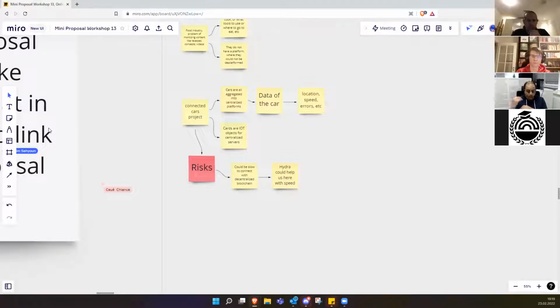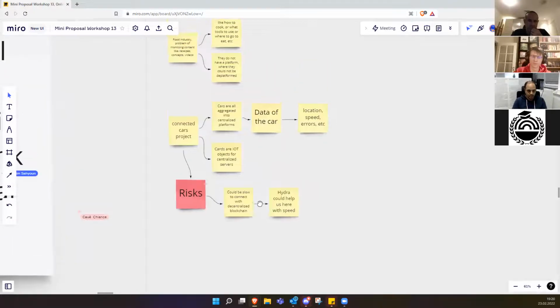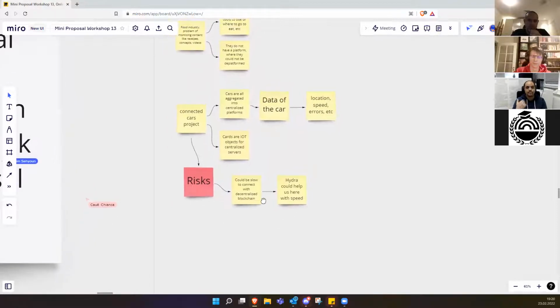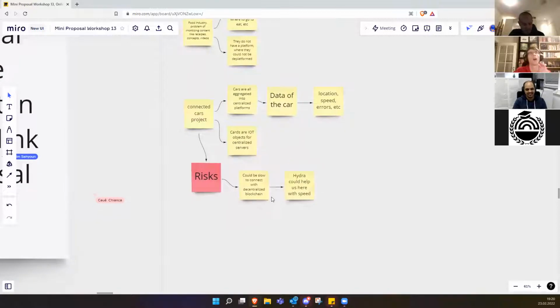But we are in the concept of decentralization. We have chosen Cardano because it is decentralized, and the scaling solution of Cardano is also 100% decentralized. It's not like other blockchains. Okay, so it would look like one car is sending its speed information to different Hydra heads, and they aggregate the data together at the same speed. Yes.